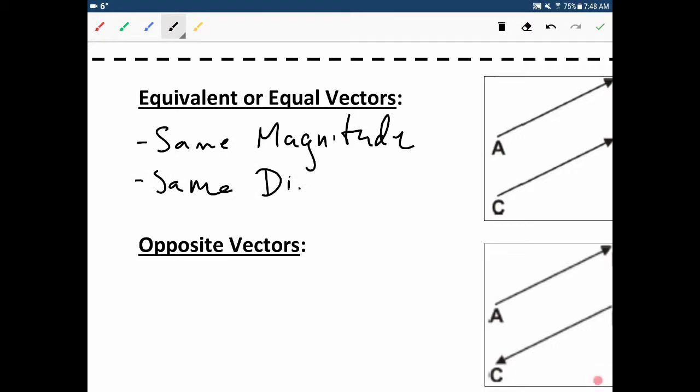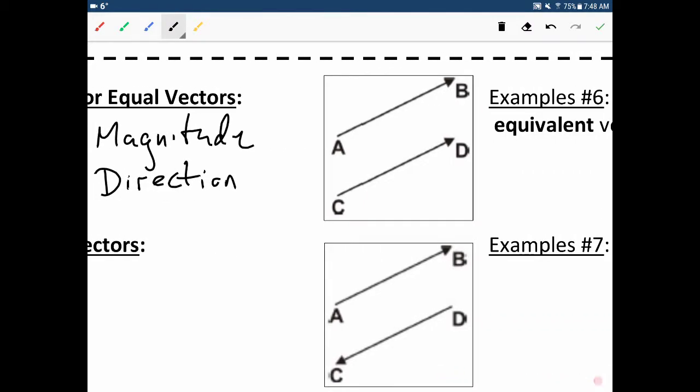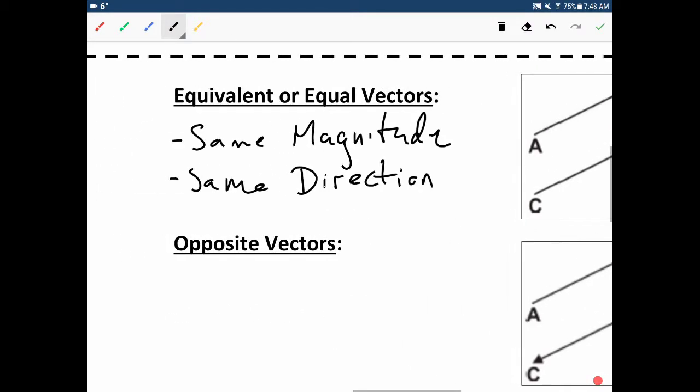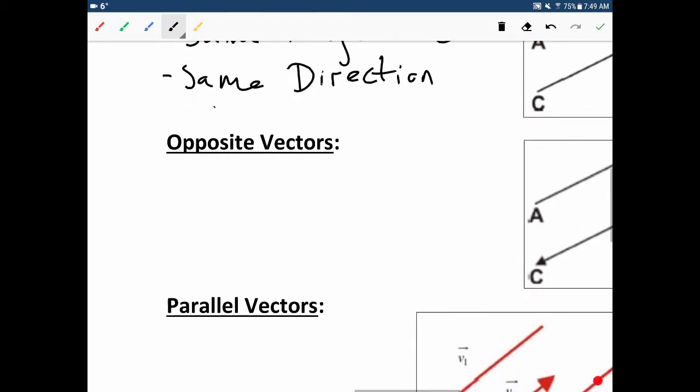If you have the same magnitude, same direction, then those vectors are equal. It doesn't matter where they are. For instance, over here I got AB and I got CD. Those are equivalent. The fact that AB is above CD is irrelevant. The magnitude's the same, the direction's the same. Those are equal vectors.